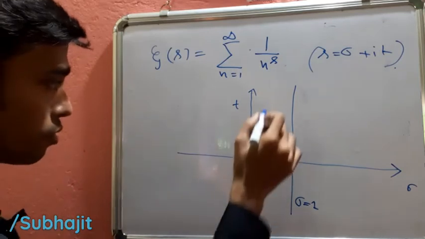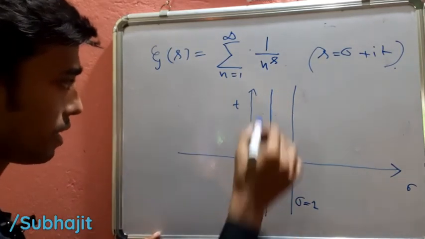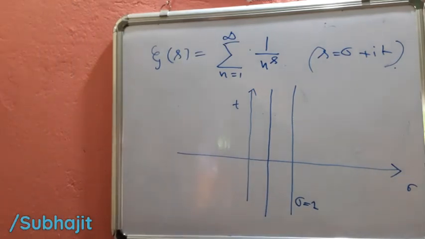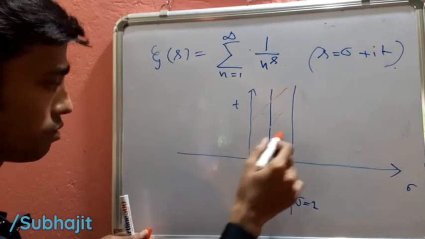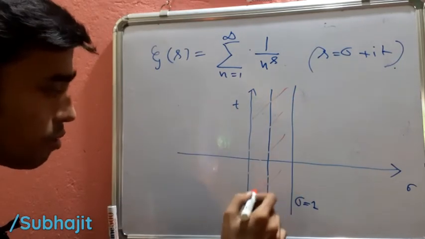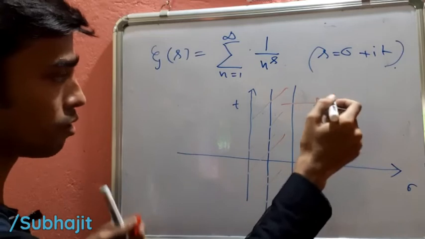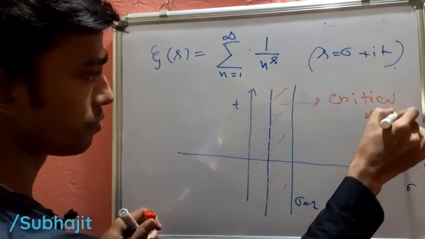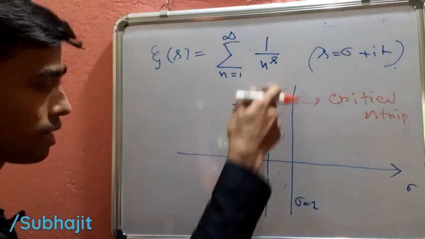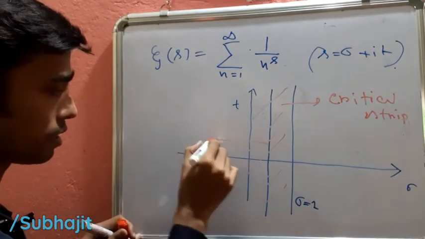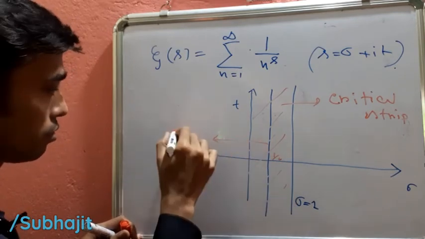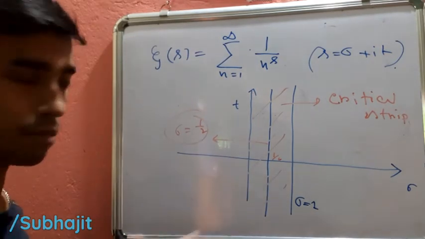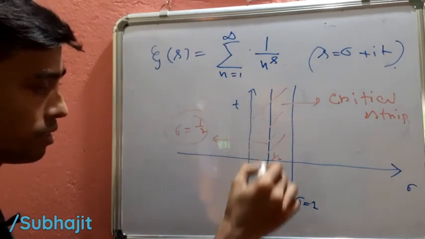There is a middle line here, and this open strip, of course open not closed, is called the critical strip, because the zeros normally lie on this line. This middle line is sigma equals half. What Riemann claimed is that all the non-trivial zeros lie over this line.